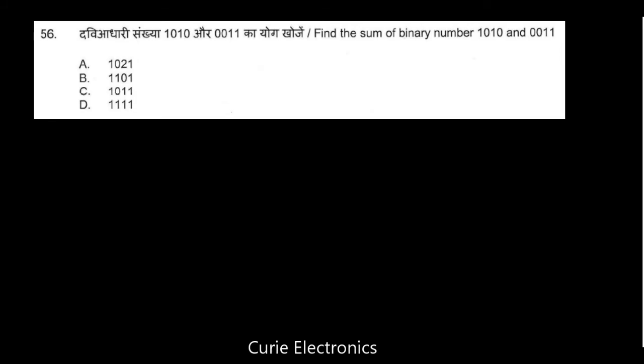Find the sum of binary numbers 1010 and 0011. We just write it: 1010 and 0011. 0 plus 1 is 1, 1 plus 1 is 0 with carry 1, and the carry goes here.